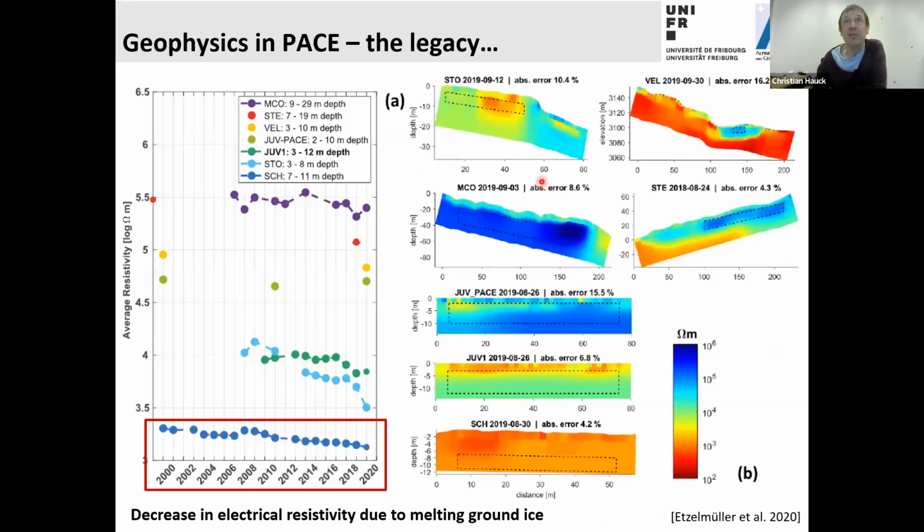One legacy from these early measurements in Europe was that geophysical measurements were also done at that time, in 1998. Those are these dots here. This is a mean average electrical resistivity of some profiles at permafrost sites all over Europe.